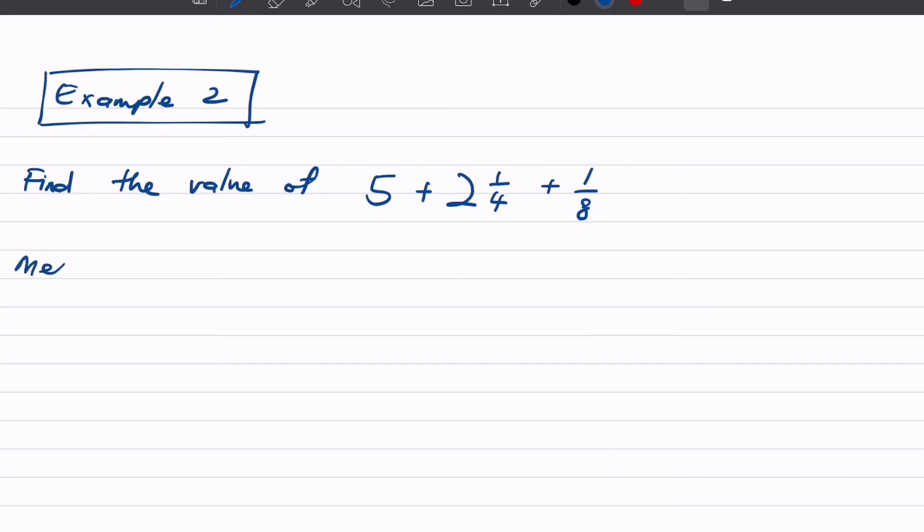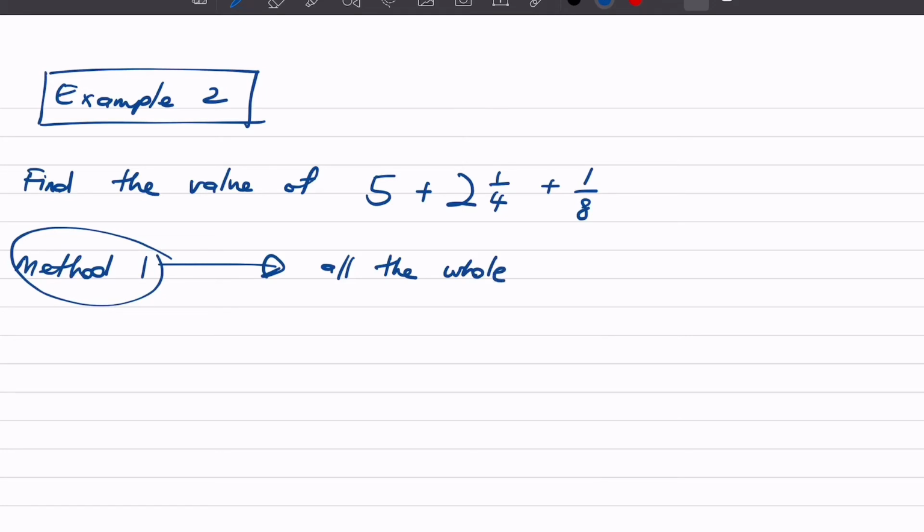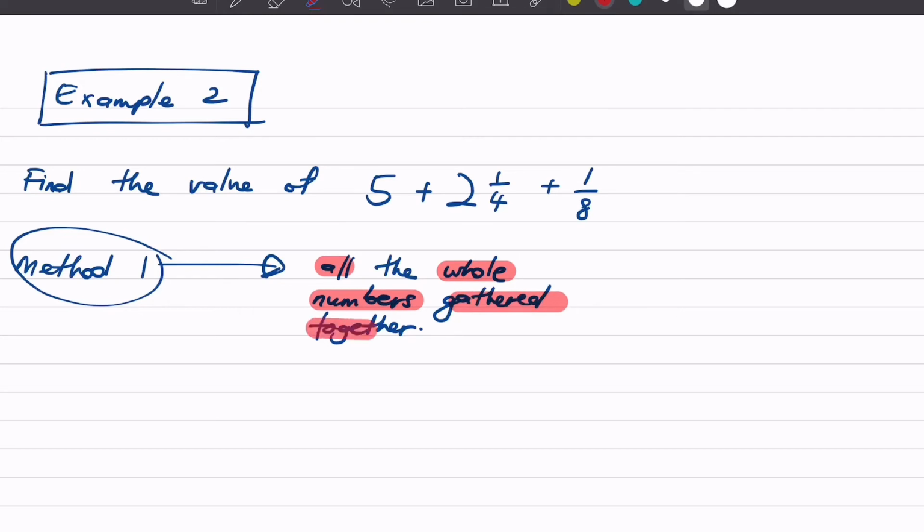This is the first method for this type of question.